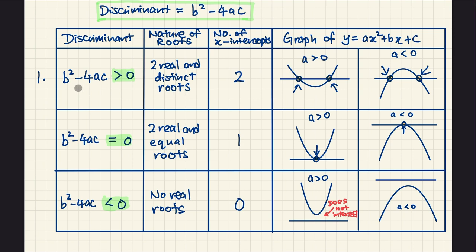First of all, b squared minus 4ac greater than 0 leads us to two conclusions. One conclusion is for the case where we solve a quadratic equation, and that tells us the nature of the roots, the type of solution we get. The other conclusion tells us how many x-intercepts we should see when we sketch or plot the graph.